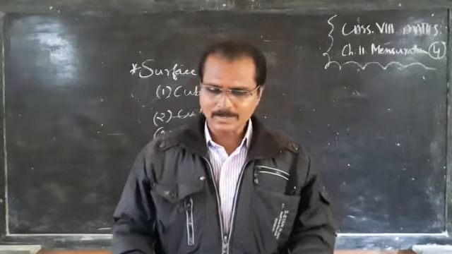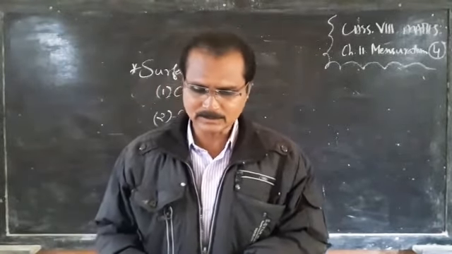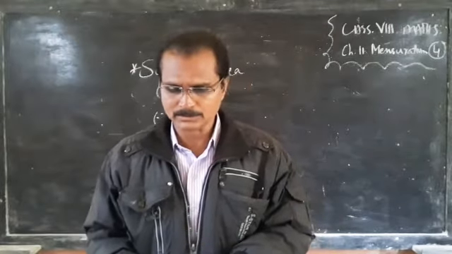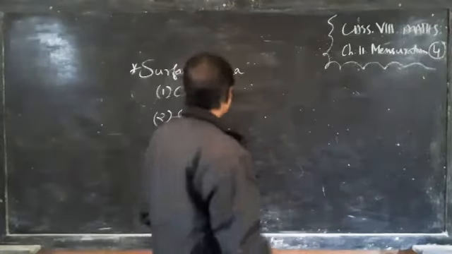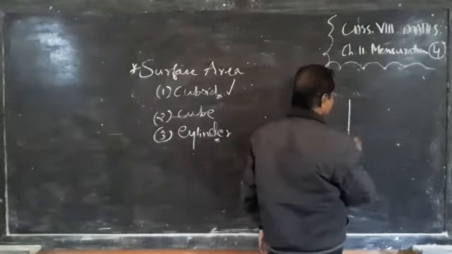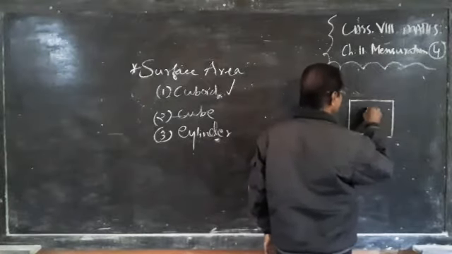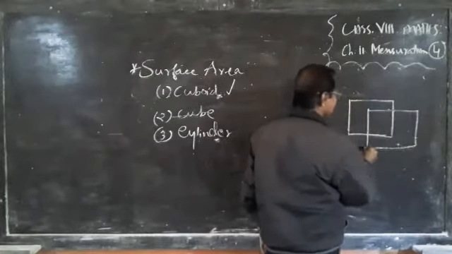First of all, what is the formula of the total surface area of a cuboid? The first one is cuboid. We know that a cuboid has three dimensions.